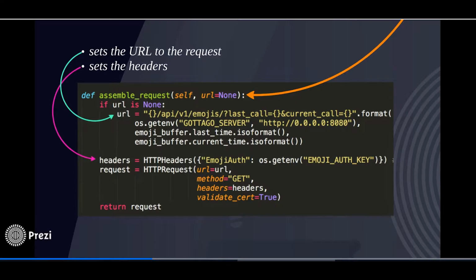So in the method self.assemble_request, what we have is we're essentially creating a request from scratch. We have a URL, and I also have an environment called Gotago server, which means I can change the domain name of what I'm sending to.